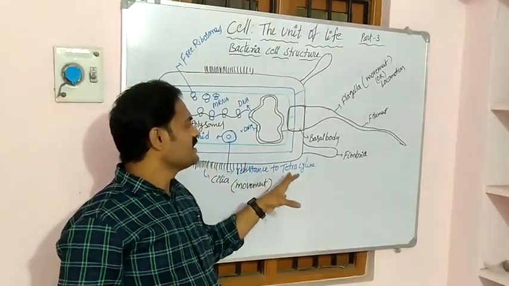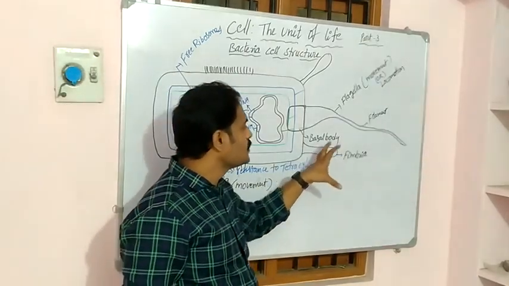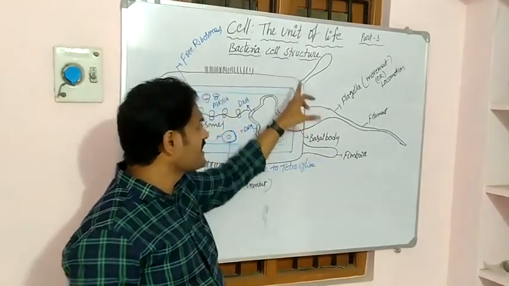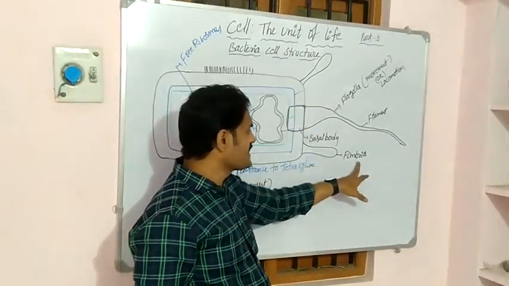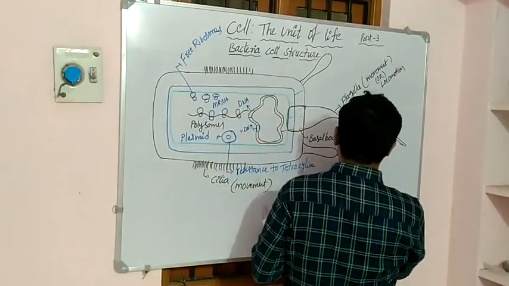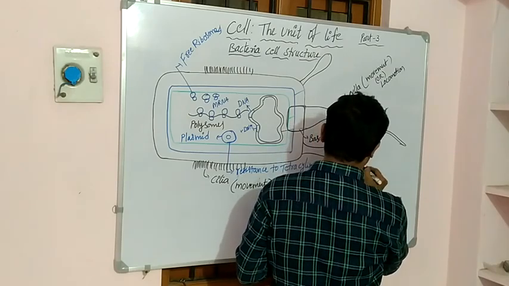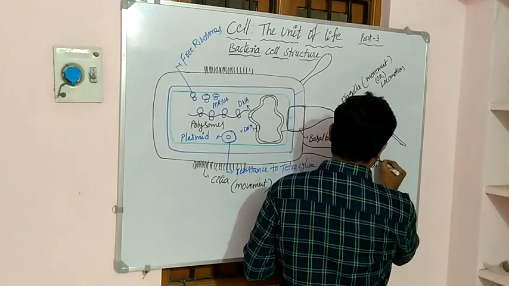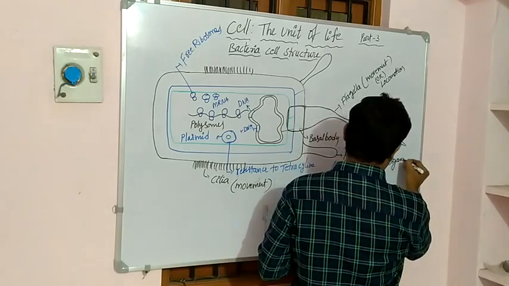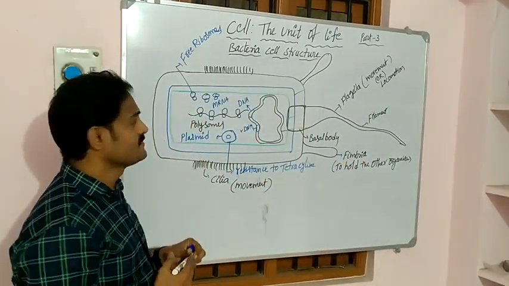When the bacteria holds any other organisms for nutrition purpose, it holds them with the help of these finger-like projections, the fimbriae. So this is the function of the fimbriae.